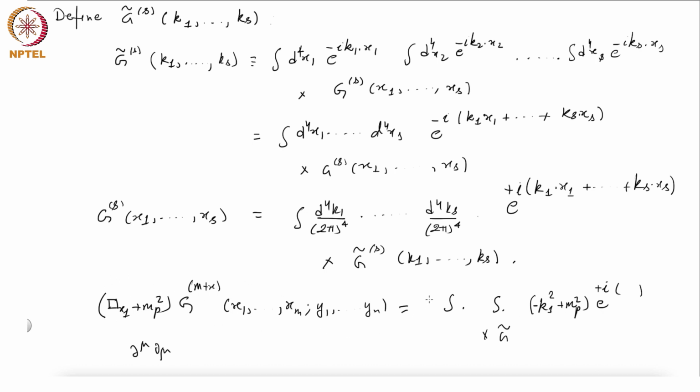So, if you do this same thing for each of the coordinates, all of these x coordinates and all of the y coordinates, then you will get the following result.